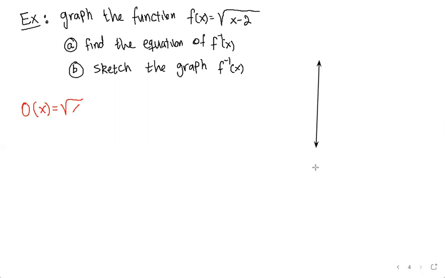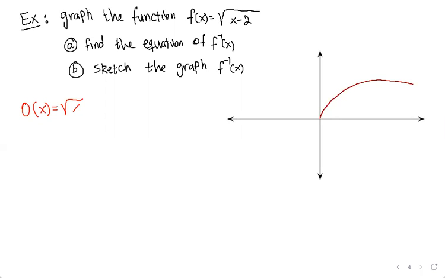Here is the graph for the original one. Hold on. So we know how to graph the square root of x. It's going to be something like that. This is the original function. Now for f of x, we draw the original one and we shift it 2 units to the right.